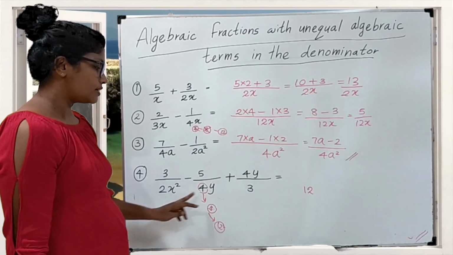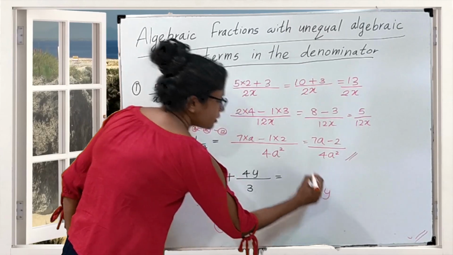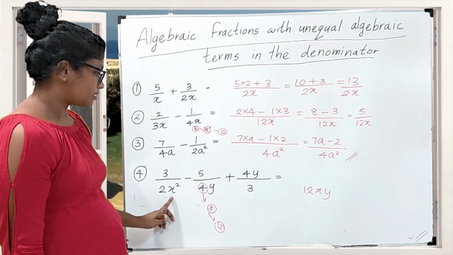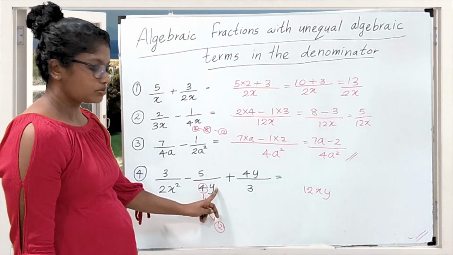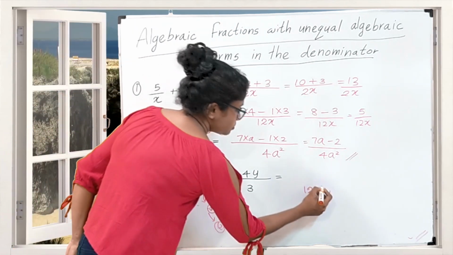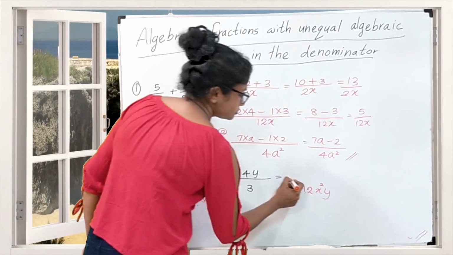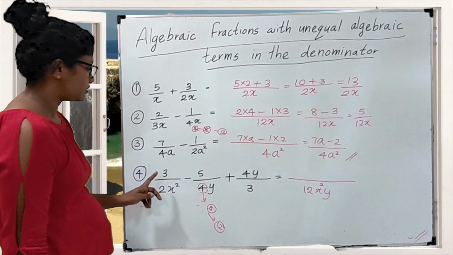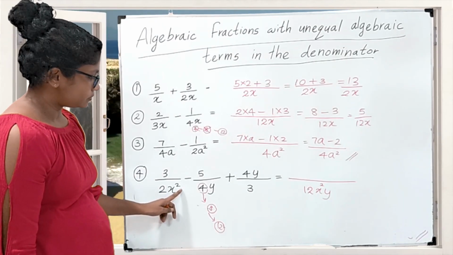There x and y. From x to the power 2 here, and y. So we can take x to the power 2 and y. Then 3 over 2x squared.